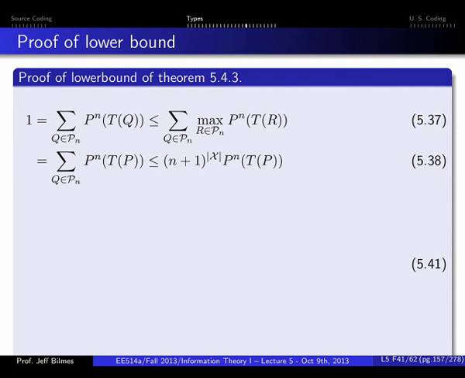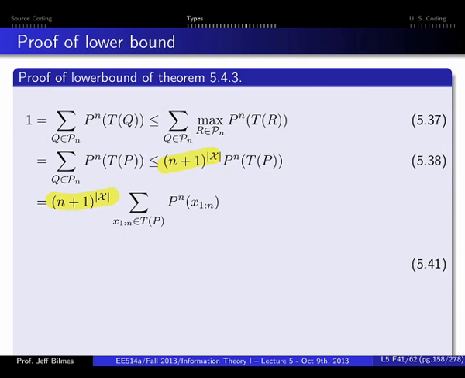And we have an upper bound on the number of types from before, which is this polynomial. Remember this trivial upper bound. And this bit here is the same as this bit here. And we can bring out the polynomial, bring it out of the sum. What we're left with is just the probability of one type class.